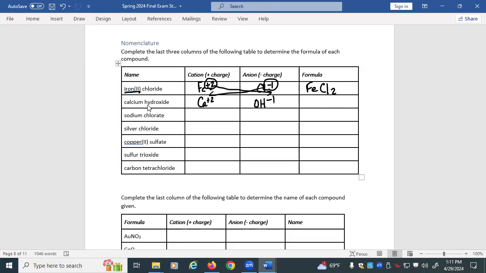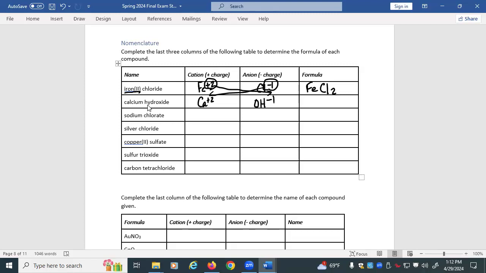Now, when it comes to polyatomic ions, I can't always give you a good hint. But one thing I can tell you is, if the name of the ion ends with that IDE suffix, you can figure out its charge based upon the periodic table position.